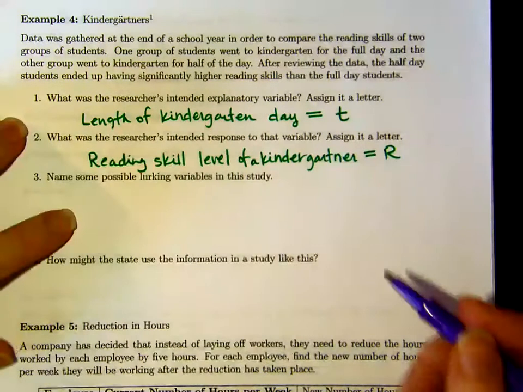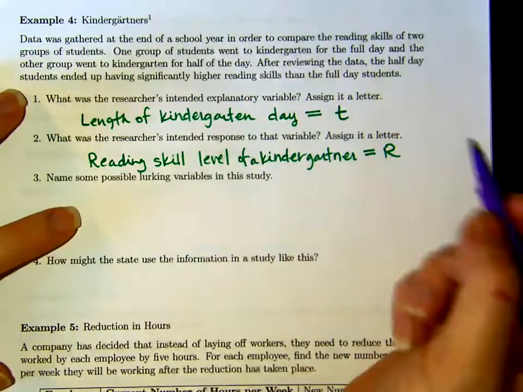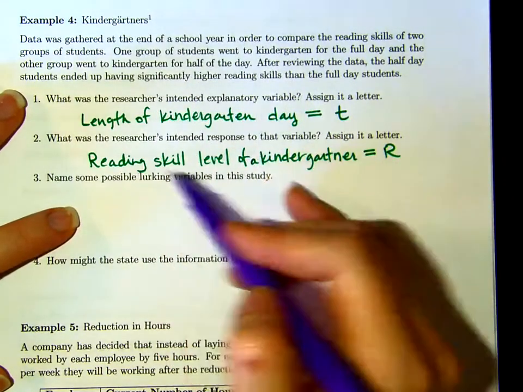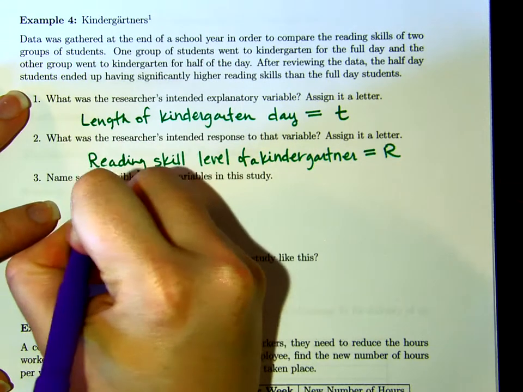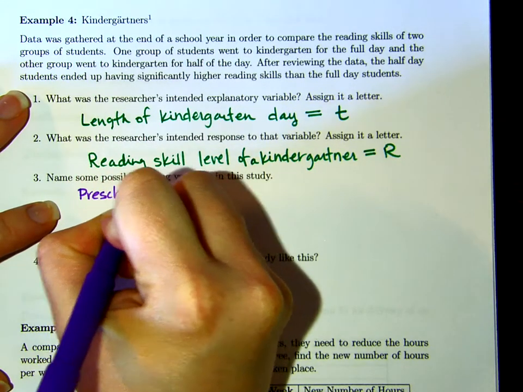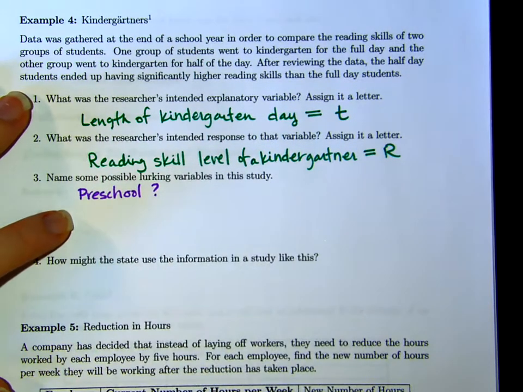So, okay, one possible variable that wasn't considered by this researcher in this study, preschool. So basically entrance.